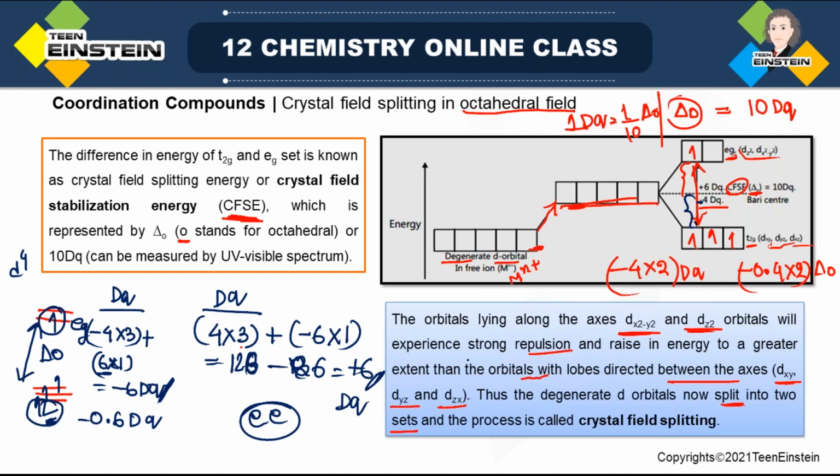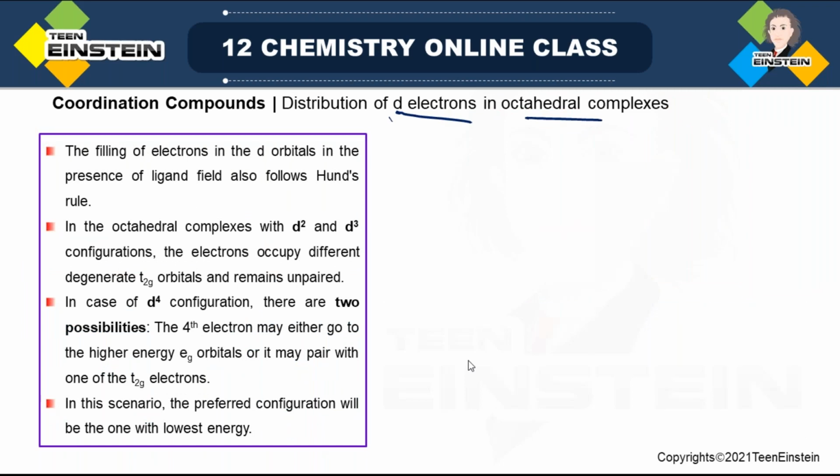If pairing energy is higher than delta O, then you will shift the fourth electron to eg. So it depends on whether delta O is overcoming pairing energy or the reverse. Depending on that, the distribution will be different. So that we will see now.